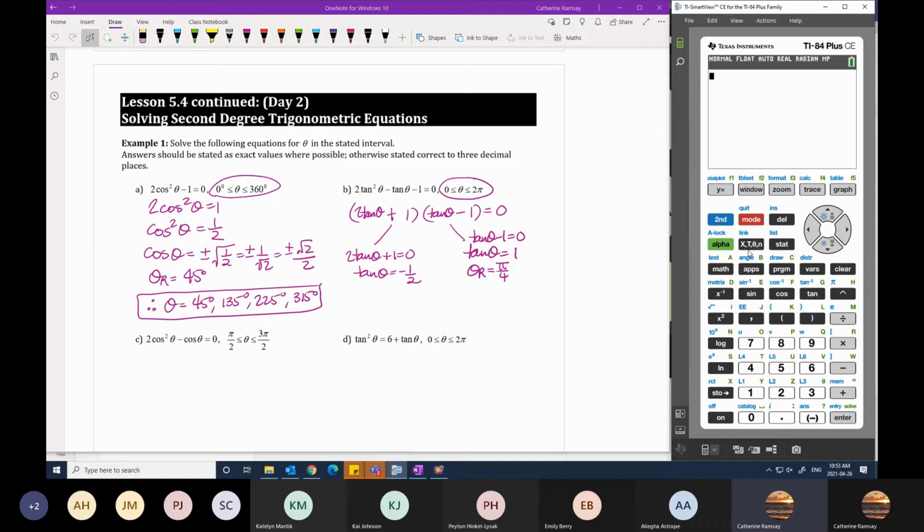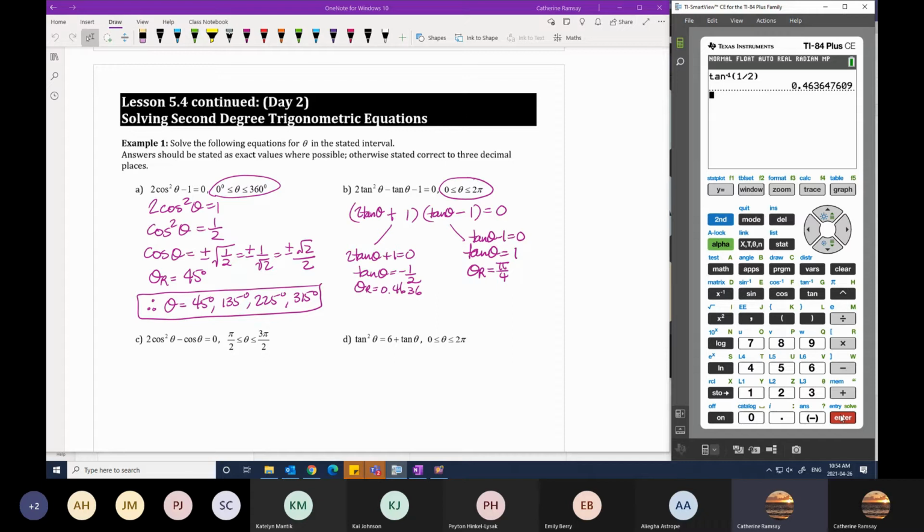And then I am going to find a reference angle. Now remember that we do not use the actual sign, the negative. We're just going to go inverse tan of 1/2. So this will be our reference angle. Okay, so I'm going to just write that down. So my reference angle is 0.463.